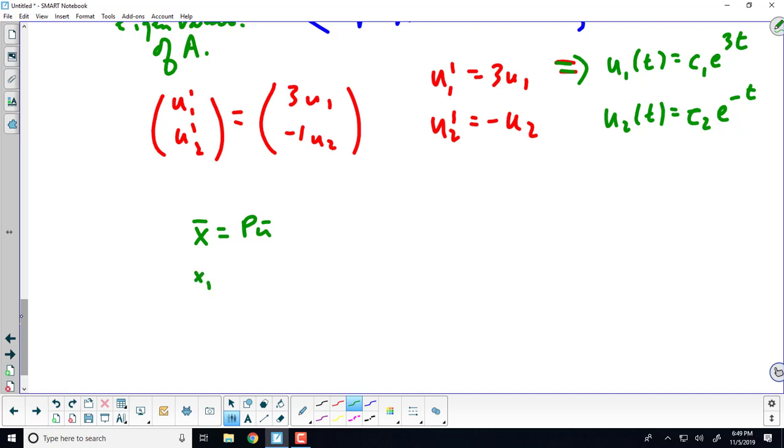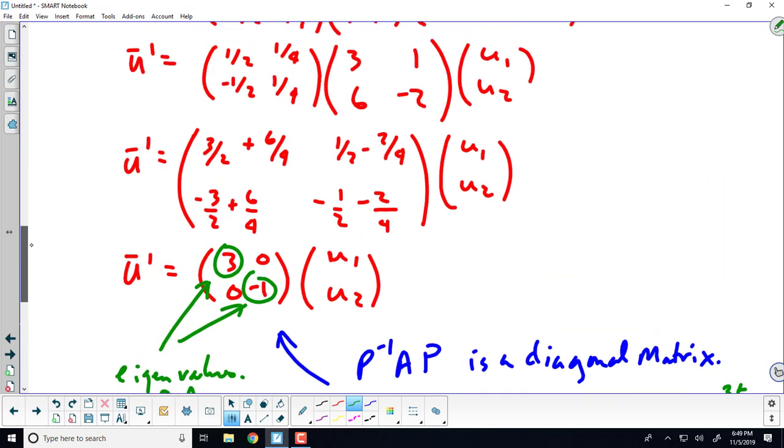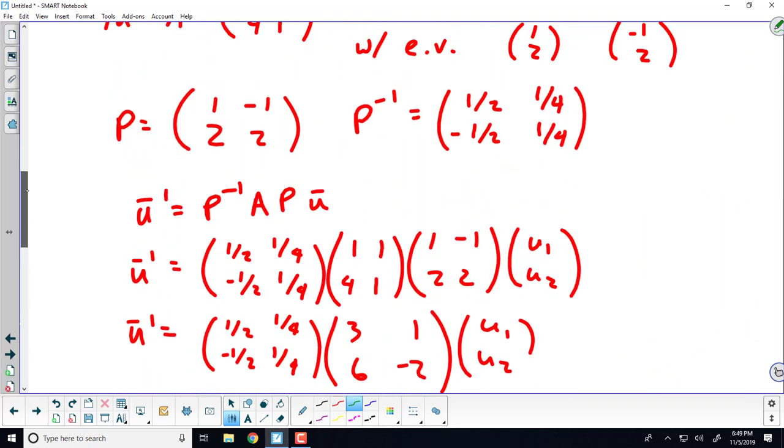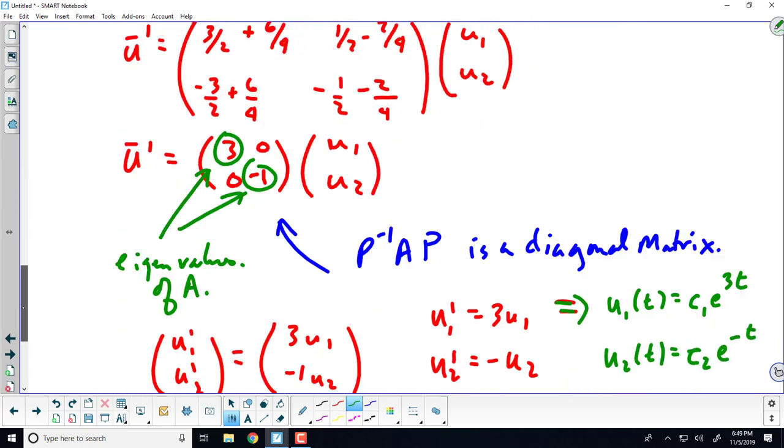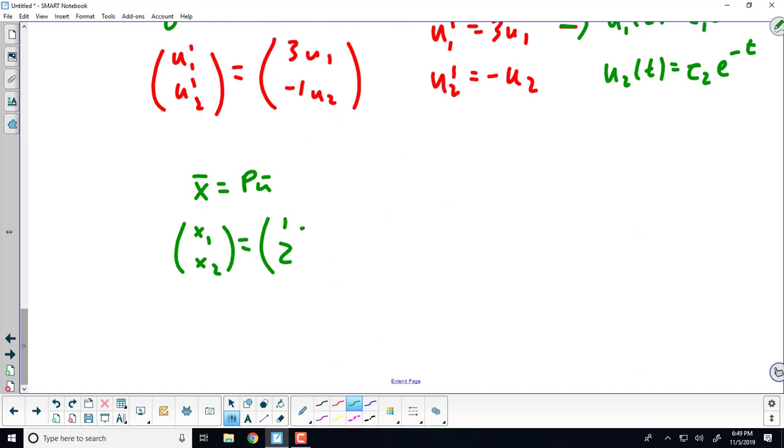So that tells us that x1 and x2 is equal to, what was P? Well, P was our eigenmatrix, way back up here. P was our eigenmatrix, 1, 2, minus 1, 2, times our u1, u2. But we just said u1 is c1 e to the 3t, and u2 is c2 e to the minus t.